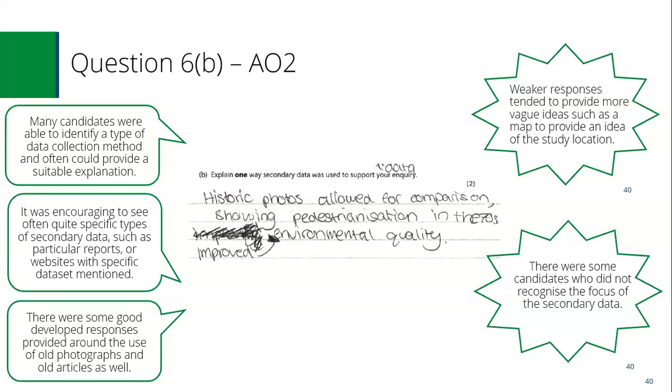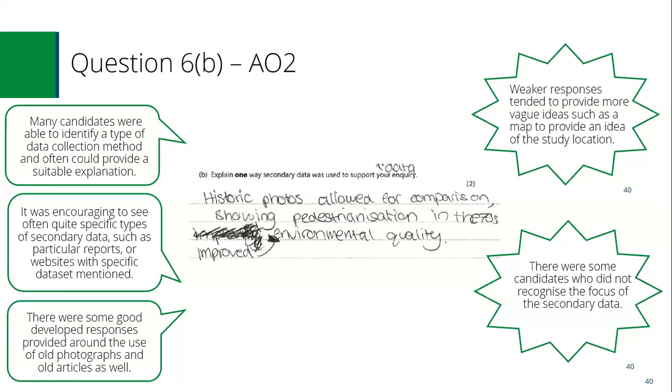There were some good developed responses provided around the use of old photographs and old articles as well. Where candidates had a specific type of secondary data, such as census, they tended to fully get the 3 marks as they had a clear idea of how it was used.